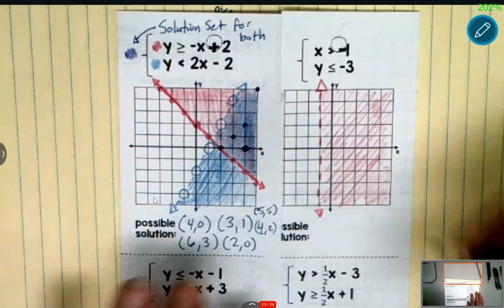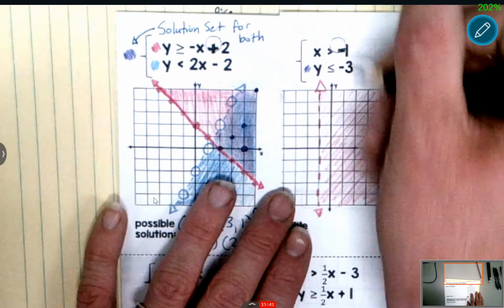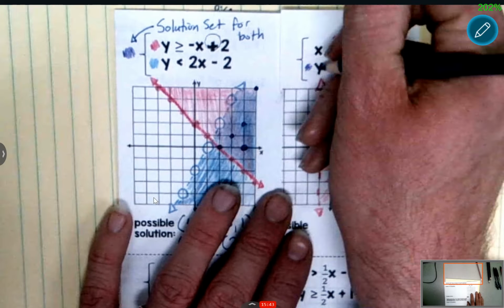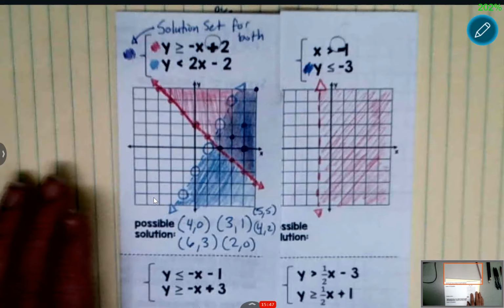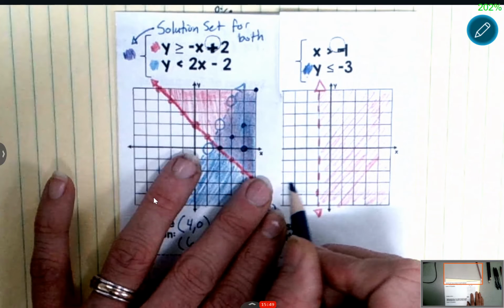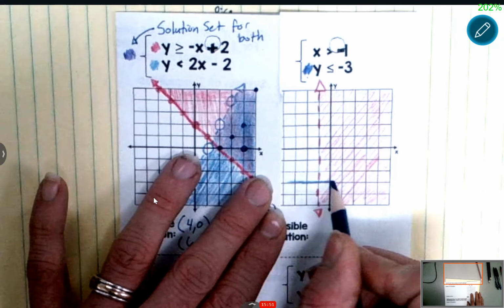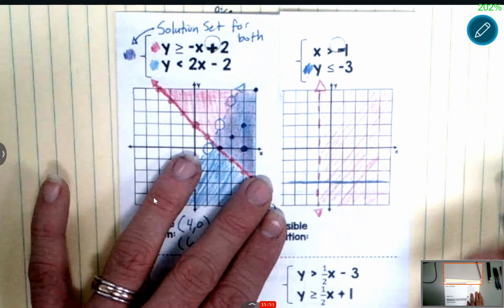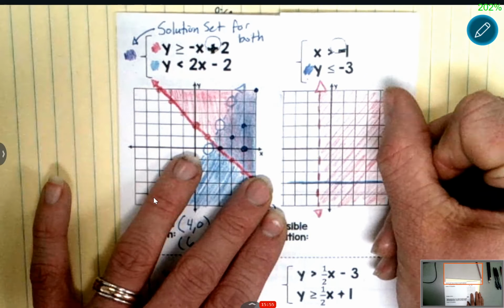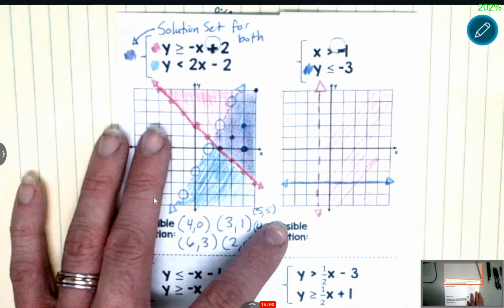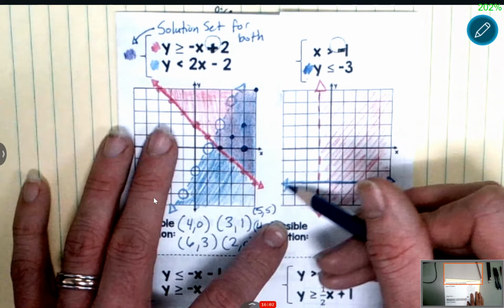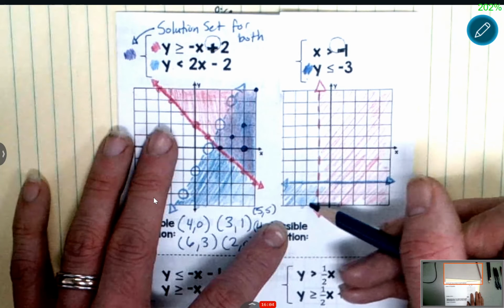Let's do the same thing with my y equals equation, which this time is going to be in blue, and it's horizontal. Y equals -3 is my boundary line. But y is less than or equal to -3, so I'm going to shade below my line.